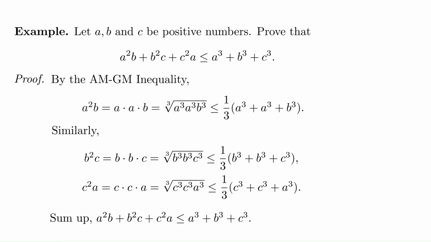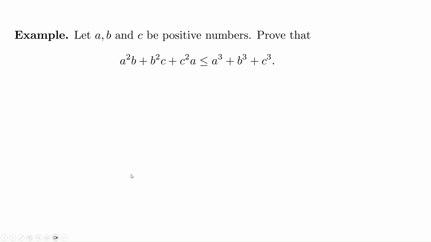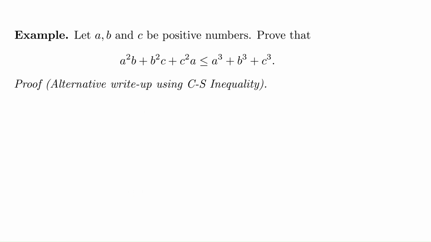But clearly we can see we are using three AM-GM inequalities uniformly. So they might be able to combine into a single Cauchy-Schwarz inequality. Let's see this. Of course, this is not a new proof, this is just a different presentation.